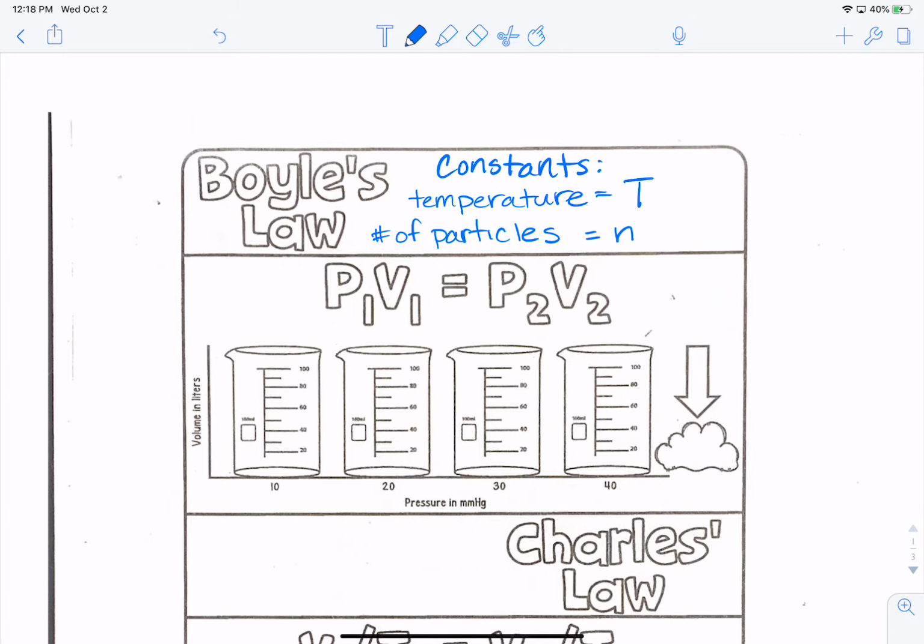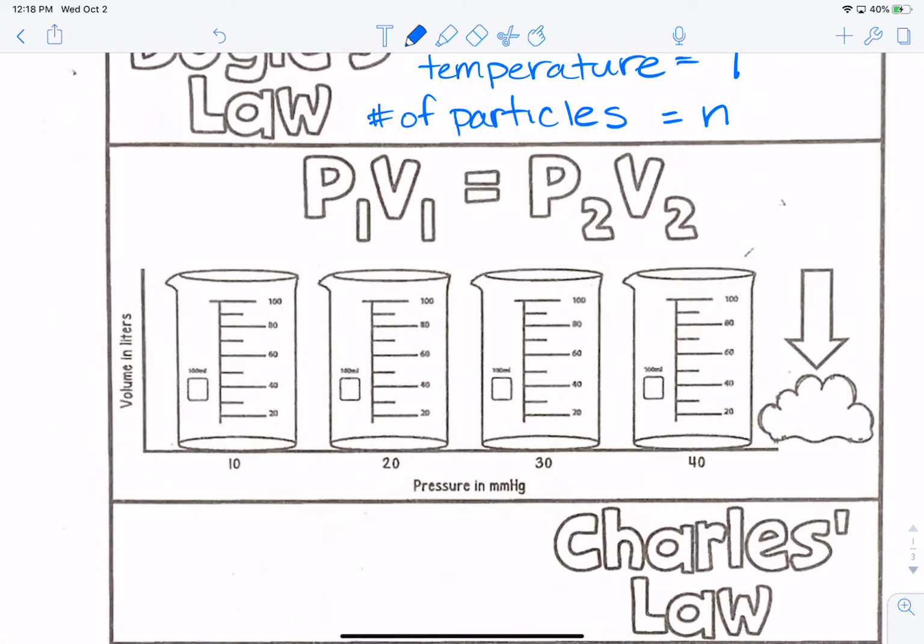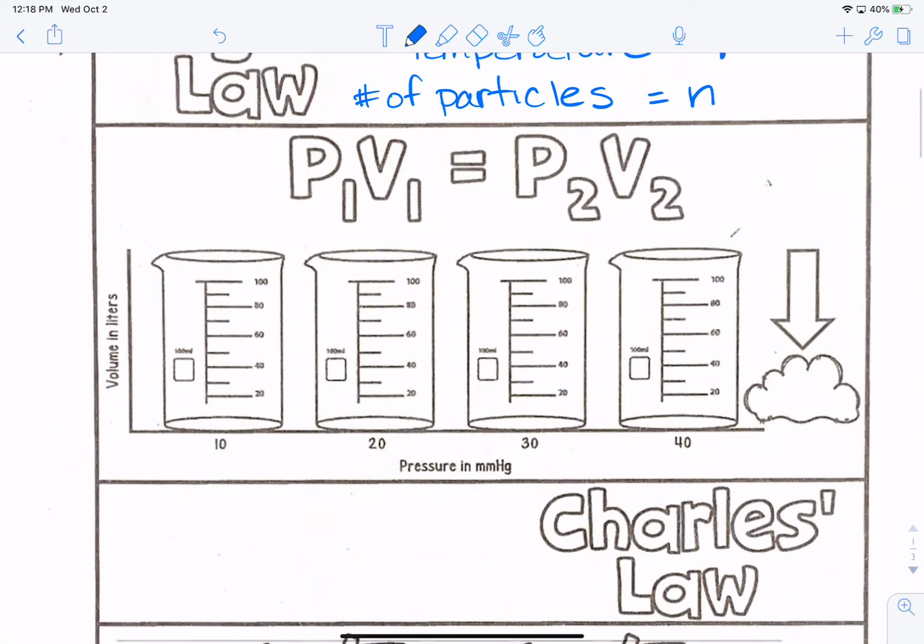Now let's look here at our little beakers. Notice it says at the bottom under the beaker, pressure in millimeters mercury. Millimeters mercury, what is that a unit of? Temperature? No. It's pressure. So this is a unit of pressure.